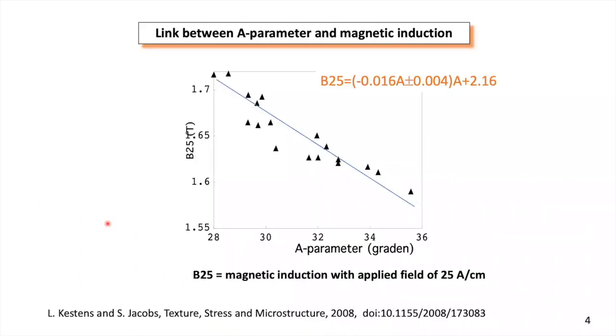So I start with a few examples illustrating the importance of texture for material properties. Actually, I was thrown into texture life many years ago during my PhD, and I was studying, in fact, a typical texture property relation, which is exemplified here by this curve, which is of importance for electrical steels.